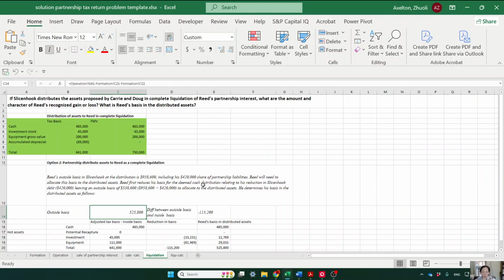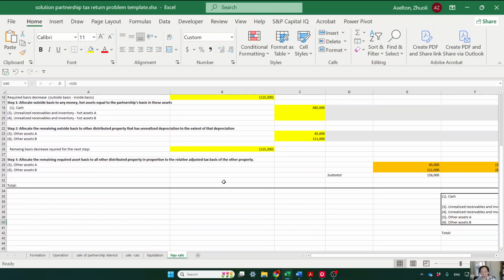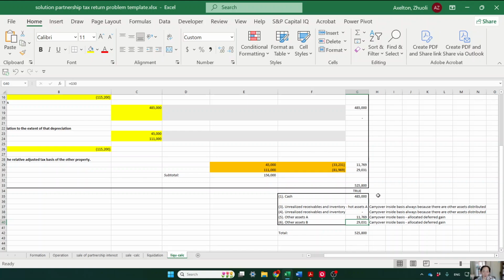And if we choose the option of liquidation, there's no gain or loss recognition, and he will receive cash as well as assets to hold on to. Of course, in the future, if we sell those assets, they could be subject to capital gain or ordinary gain, depending on how the assets are used.